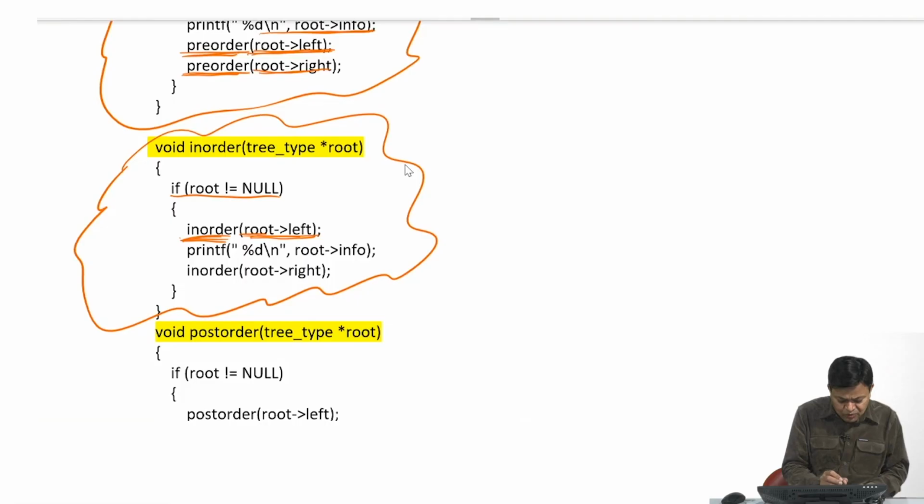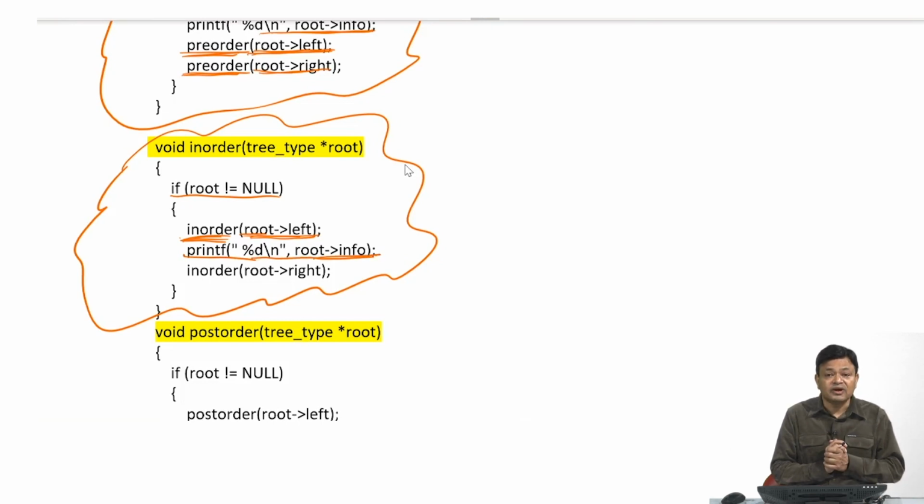If left is equal to null, I return to the parent, and after returning to the parent, I print the value of root arrow info, that is, I process that node. So, first of all I go to the left. Once left is over, I return, then I process that node, and then I go to the right.